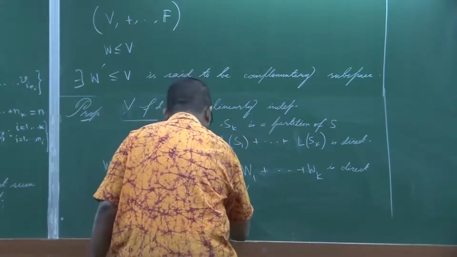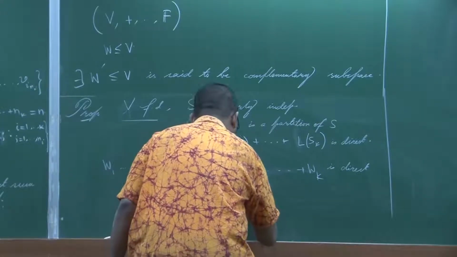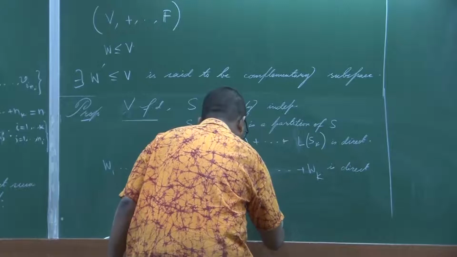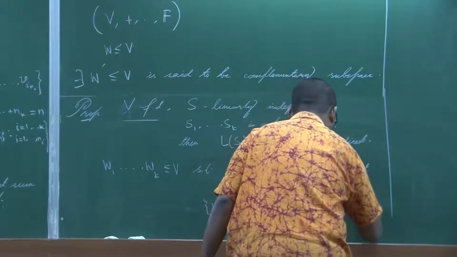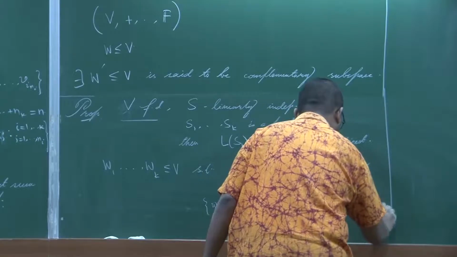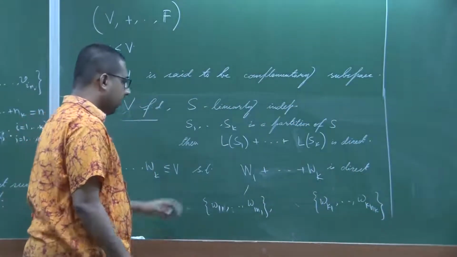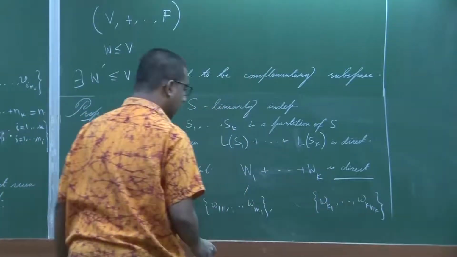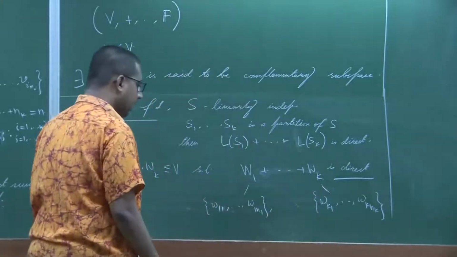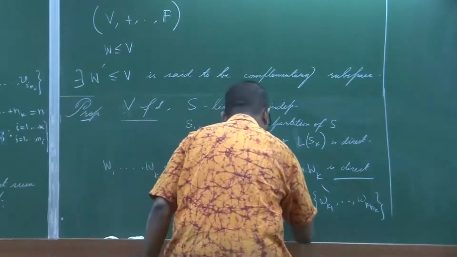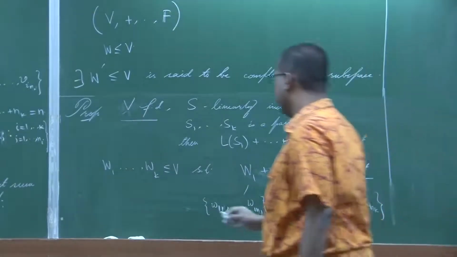Let us say we write it as W11 up to W1N1 and so on, Wk1 up to WkNk. Okay. Given that the sum is direct, we take a basis from each Wi and then simply take their union. This will be linearly independent.